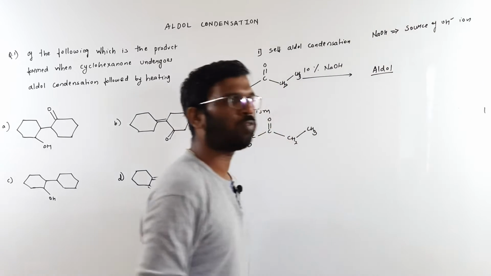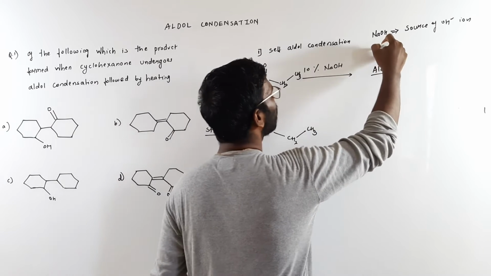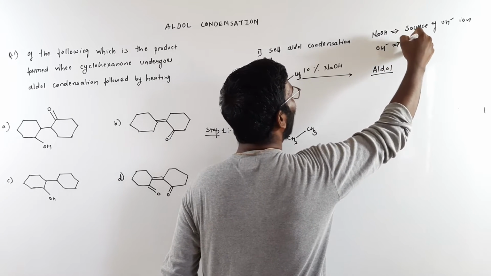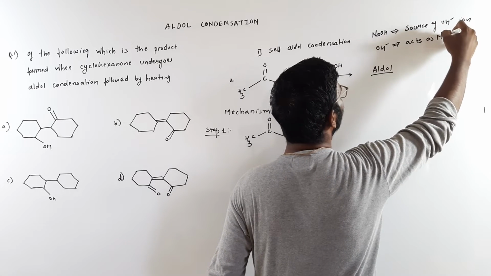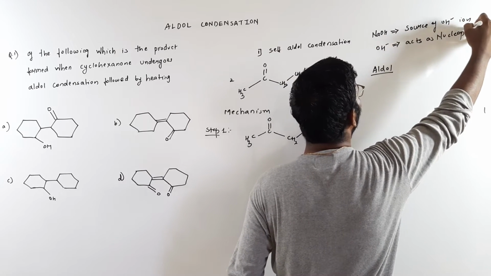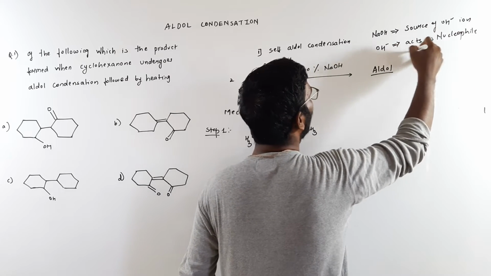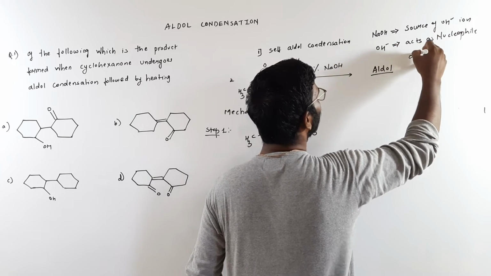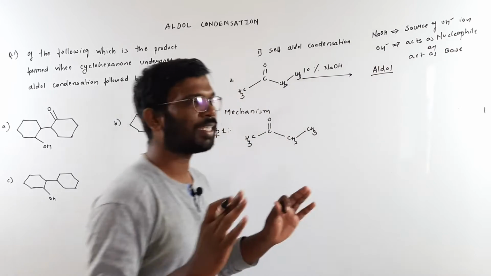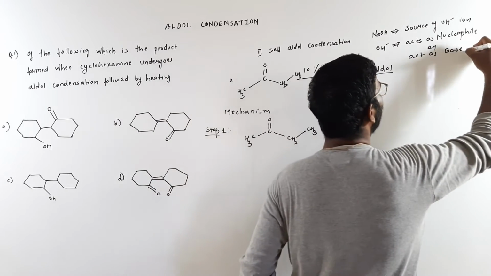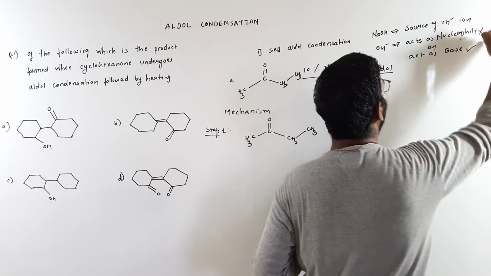Now what is the role of OH minus? See, OH minus can act as a nucleophile, or it can act as a base. In this case it is acting as a base, and not as a nucleophile.